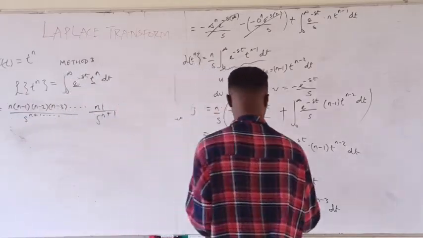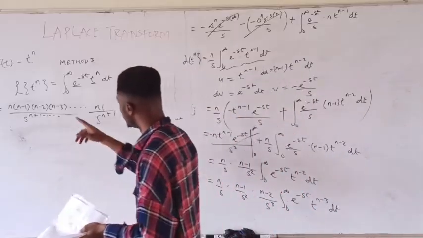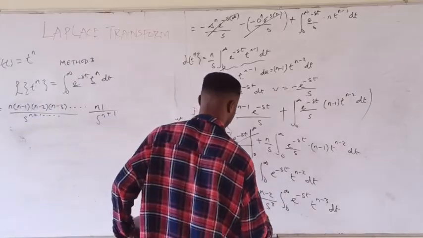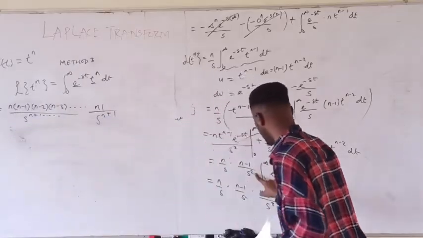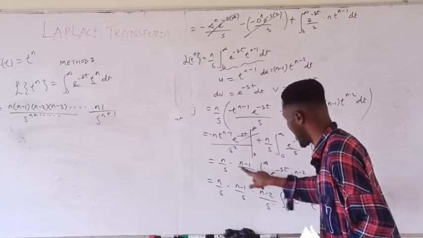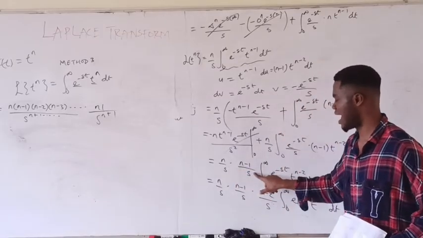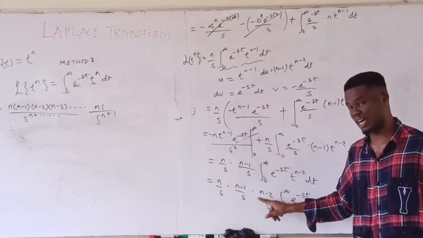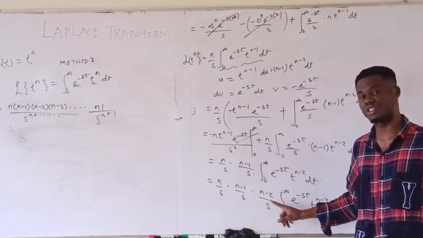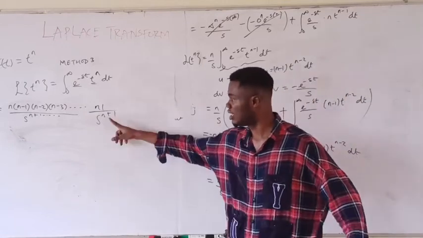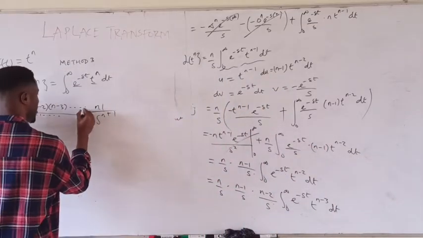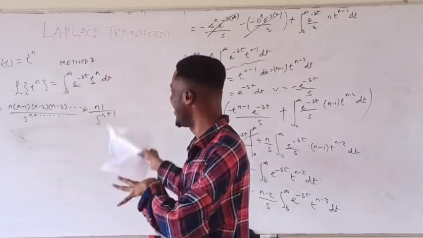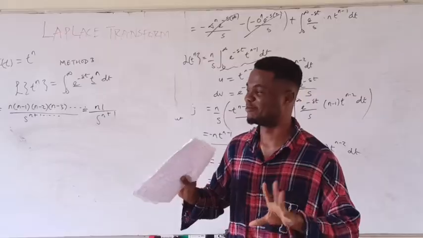Initially I had only one s. If I integrate again, I have another s. The s was increasing one after the other. Hence, we can say the Laplace of t to the n is equal to n factorial divided by s to the n plus 1. I feel this is very comprehensible.